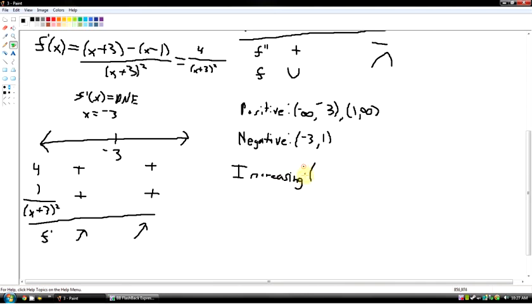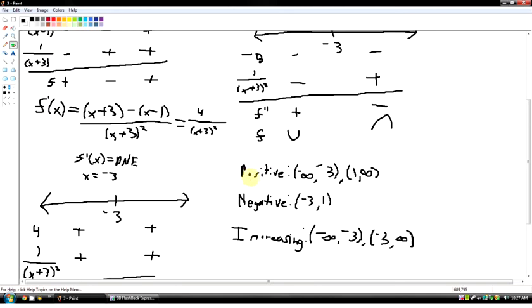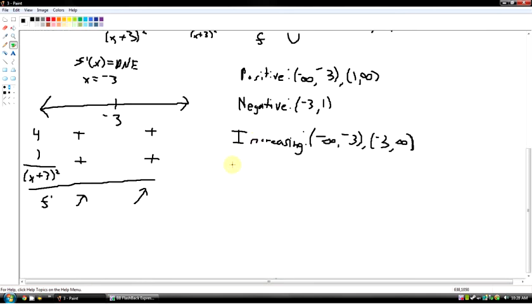Increasing on the intervals negative infinity to negative 3, and negative 3 to infinity. And now, thanks to our second derivative, we know where it's concave up and concave down.